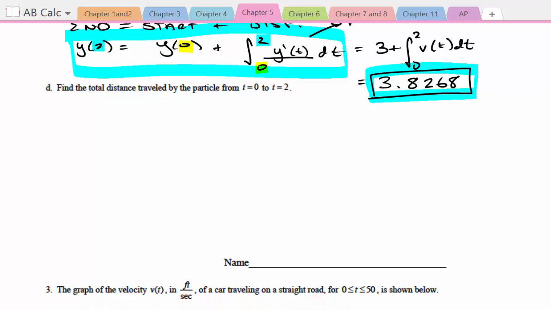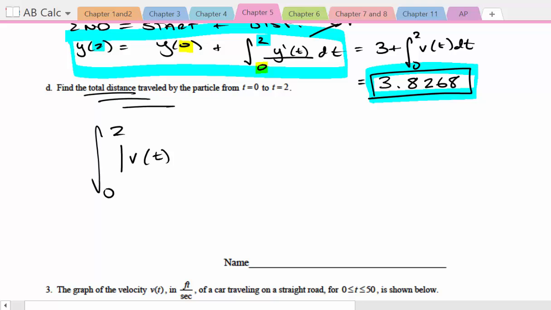Last, find the total distance traveled of the particle from 0 to 2. That would be the integral from 0 to 2 of the absolute value of the velocity. Nothing else besides the velocity. On a calculator allowed question, it does not matter how you get to your answer, as long as you show your work of what you would be able to compute.